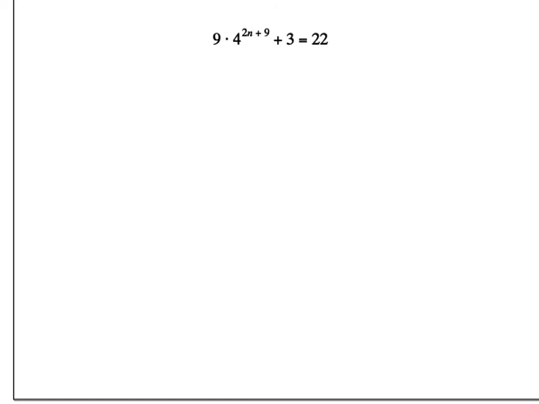But I'm going to start by moving this 3 over. So again, like I told you in one of the last lessons, we always want to do any multiplication or division as our last step when we're moving things over, just so that we remember to multiply or divide things appropriately as needed.